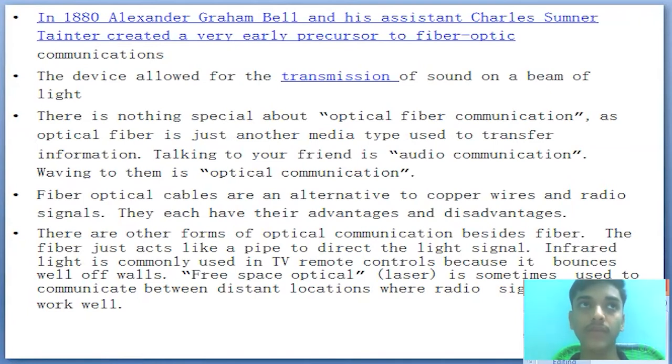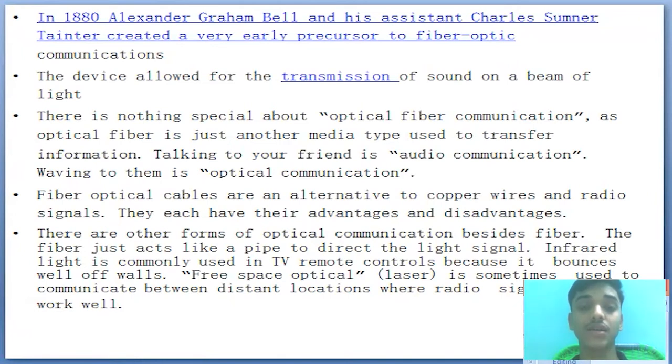Fiber optics are used widely in today's world because it has so many advantages, and there is no loss of energy in transferring from one place to another due to the total internal reflection principle. That's the reason it is used widely. According to the law of conservation of energy, energy is neither created nor destroyed.